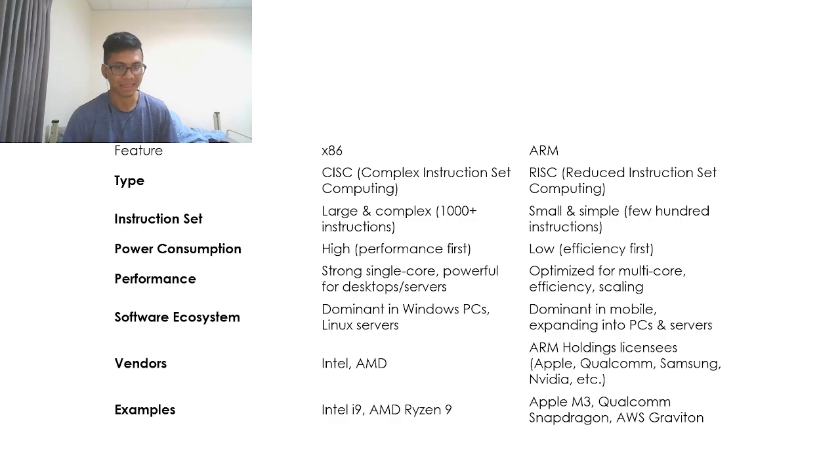But x86 itself is stronger in the performance of traditional desktop workloads, where ARM is still catching up with Apple's, because Apple M3 technically rivals the Intel i9, which is really, really interesting, because maybe in the future we will have ARM architecture everywhere. I think that's all for question number 6. Thank you.